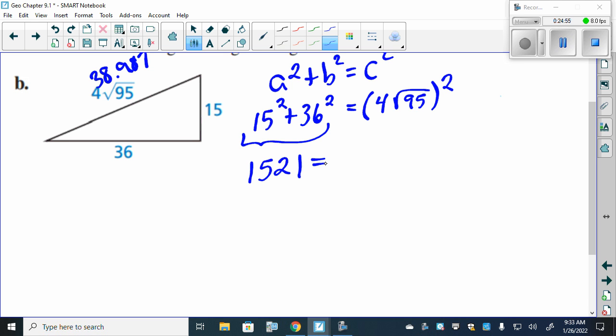Now we do need to take 4 square root of 95 squared. For this one, I would make sure to put it in parentheses, because we're not applying the square to just the square root of 95, we're also applying it to the 4.